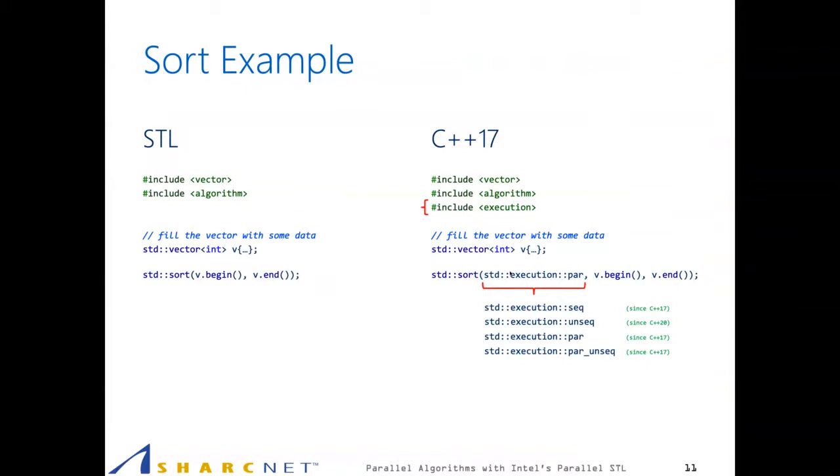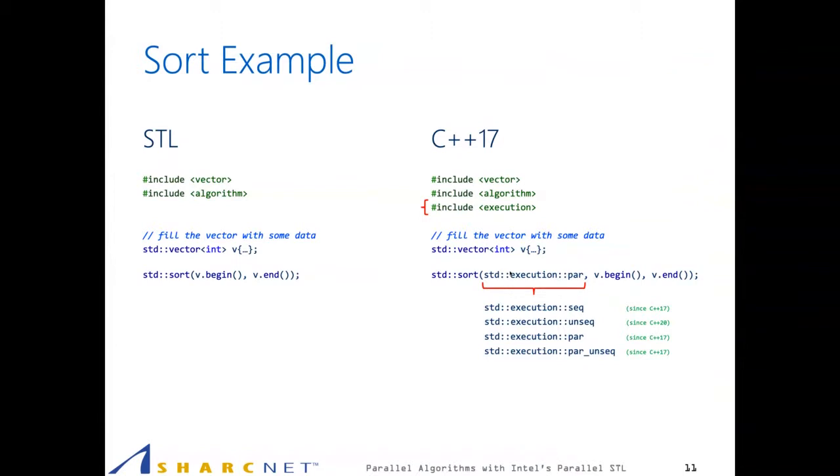But what's the difference between sequential and unsequenced? If you provide unsequenced, the compiler tries to vectorize your loop or the algorithm using SIMD or compiler intrinsics.